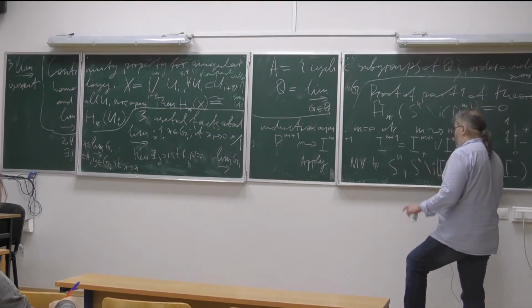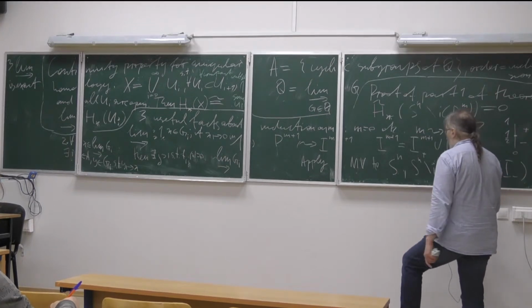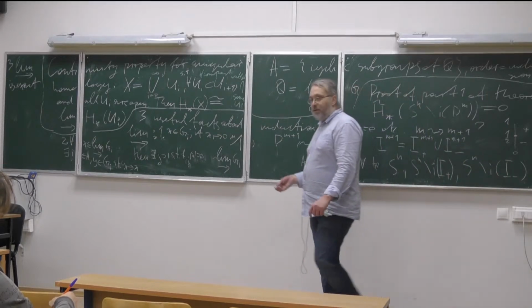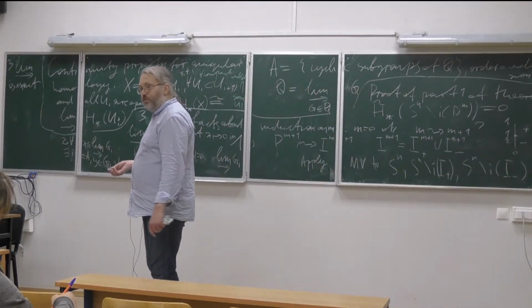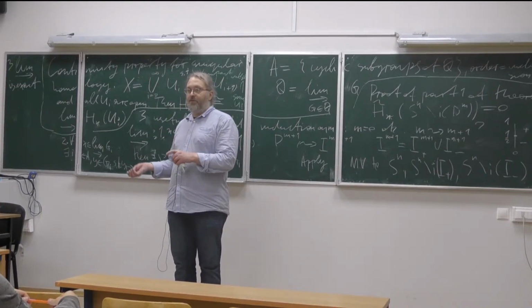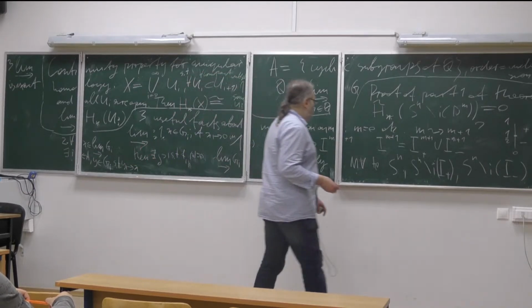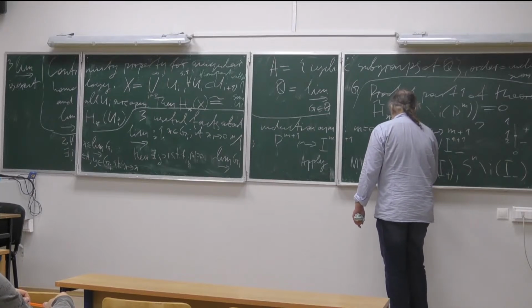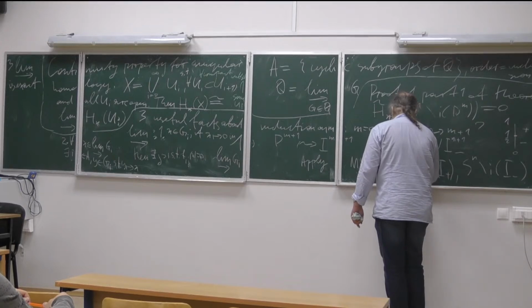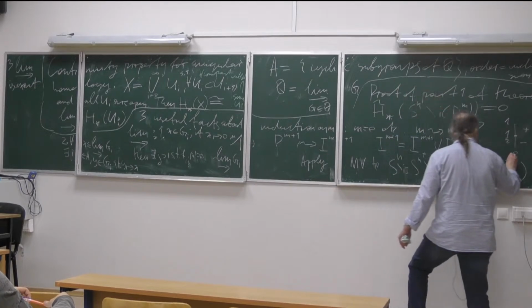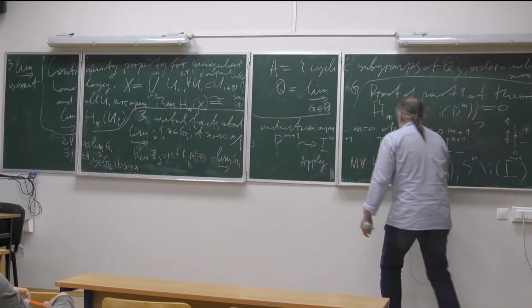And by the way, the union of these two will be the complement of the intersection. The union of the complements is the complement of the intersection. So instead of S^n, I here have I of I. So these are m plus 1 dimensional.